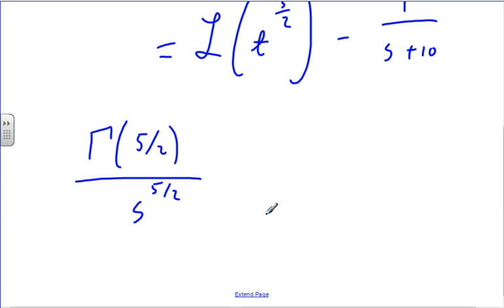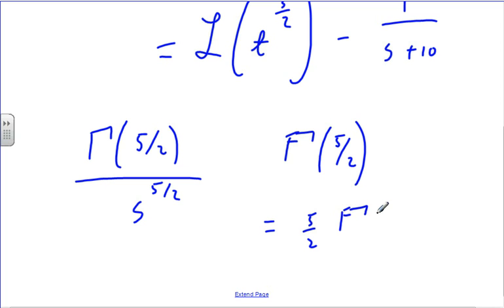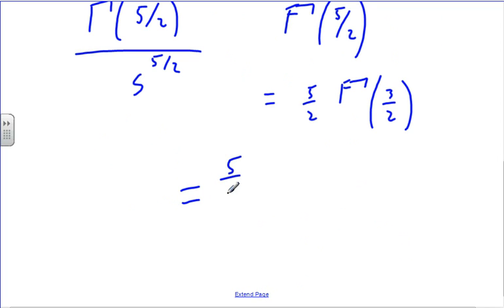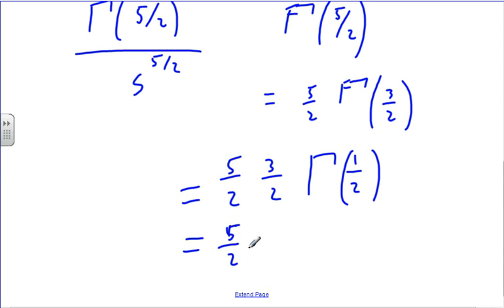Okay, I got it. So the gamma function of 5 over 2 is equal to 3 over 2 times the gamma function of 3 over 2, which is equal to 5 over 2 times 3 over 2 times the gamma function of 1 over 2, which is 5 over 2 times 3 over 2 times the square root of pi.